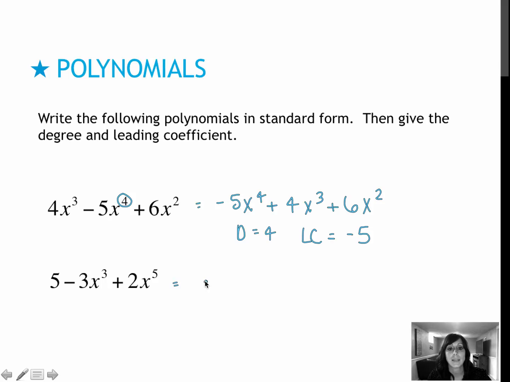And my last example, the degree of 5 is definitely the highest degree. There is no degree of 4, but there is a degree of 3, negative 3x cubed, because again of my exponents. And then this one has a degree of 0, so plus 5, again because it was a positive 5. The degree of this would be 5, and the leading coefficient would be the value in front, so that would be 2.